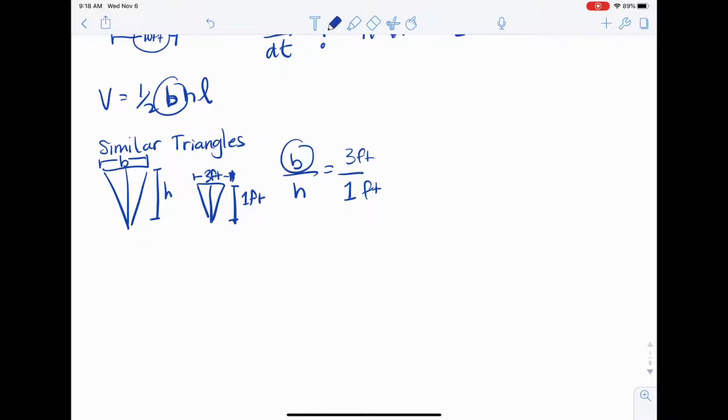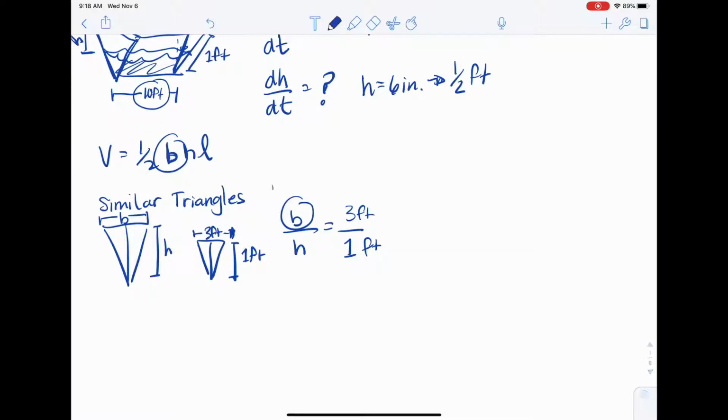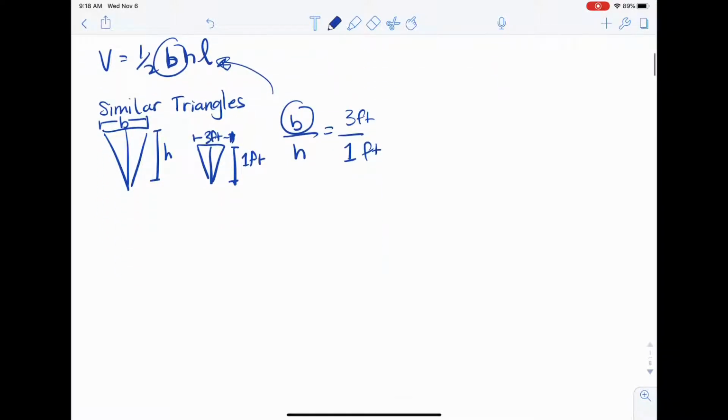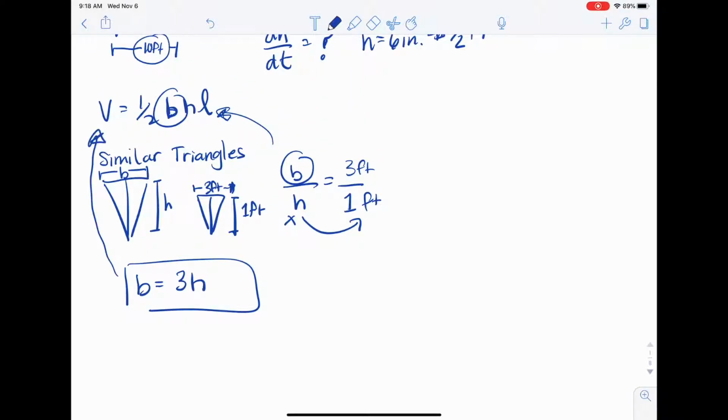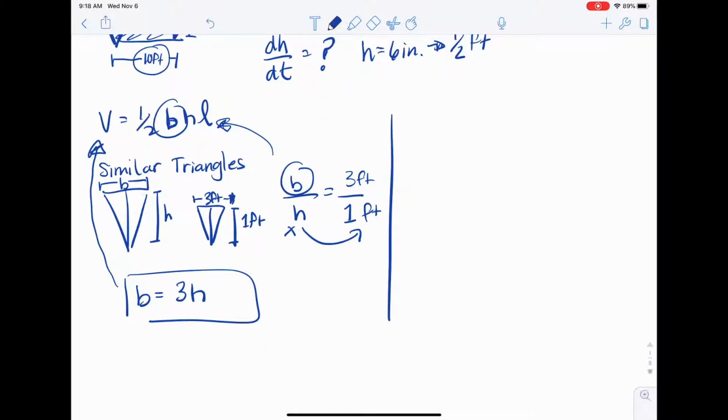Then I'm trying to find B so I can plug it back into this equation and get rid of it. So B equals 3 times H. I got that by multiplying H over, and then I'm just going to plug this back into here.